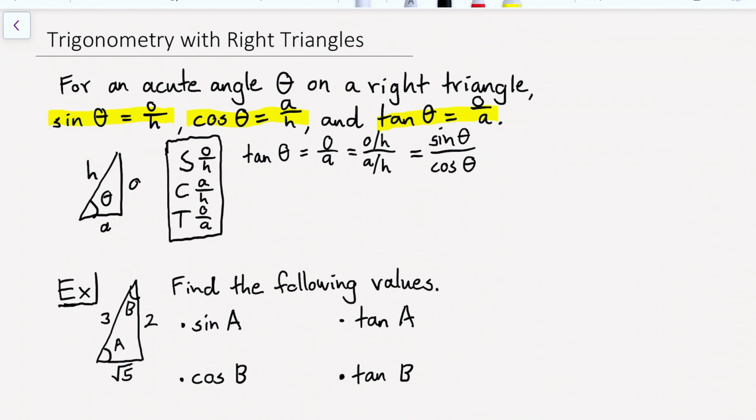This is helpful if we're working with trigonometry on the unit circle. On the unit circle, remember that sine theta is the y value, cosine theta is the x value. So tangent theta is y divided by x for a point (x, y) on the unit circle.